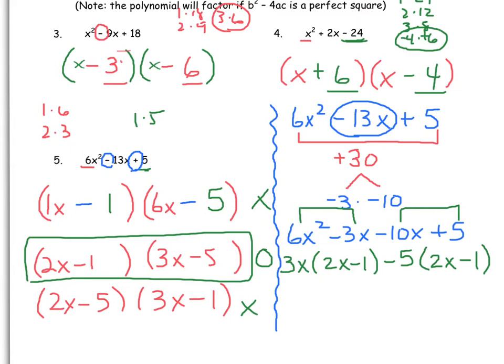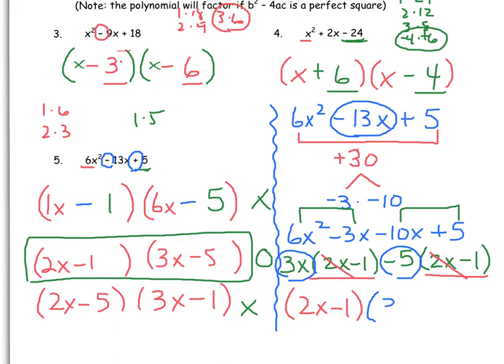Now, as we look back at our greatest common factoring in the first part, we do see a common factor there. And we've got to take that factor out, 2x minus 1, and that's being divided out now, so that's gone. And then you have to write the factor that remains, which is the 3x and the minus 5.